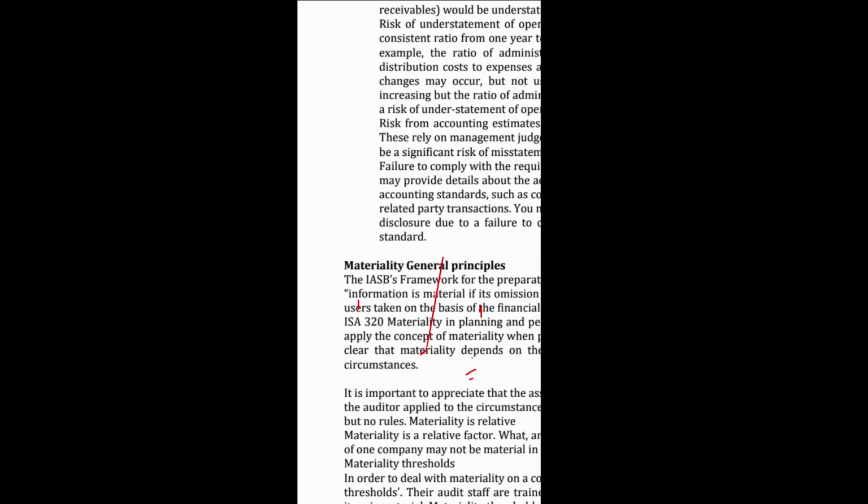So what it means here is that as an auditor, what you'll be focusing on is transactions that are above 10 million. Anything below 10 million for that organization that has 1 billion as their revenue is what? Immaterial or inconsequential.